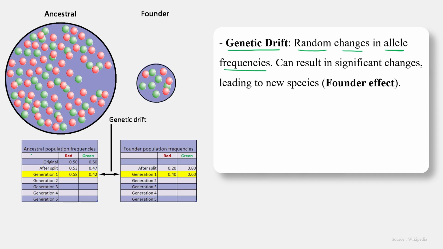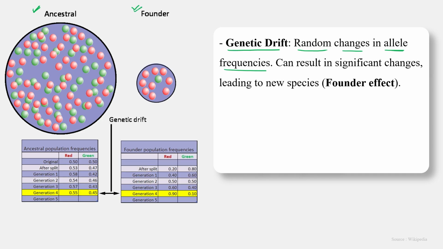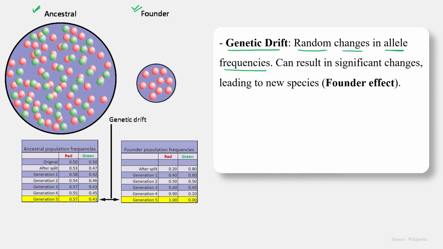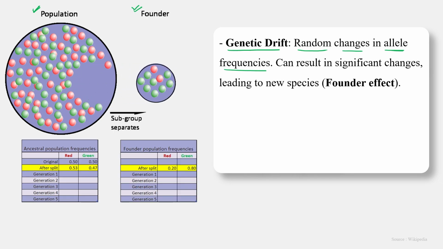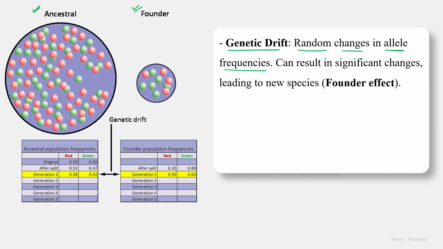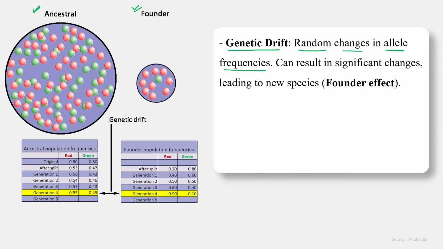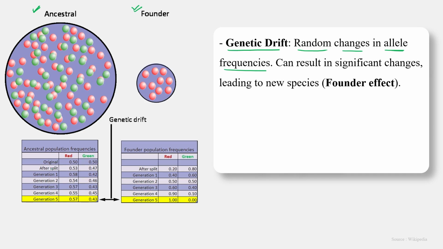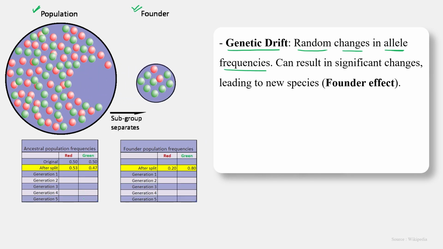As you can see, this is the ancestral population, and this is the founders population. A small population gets separated out because of genetic drift, means random change in the allele frequency. There are two types of balls, green and red, or we can say two types of individuals, in the ancestral population. After so many generations, both types, red and green, are almost 50-50.